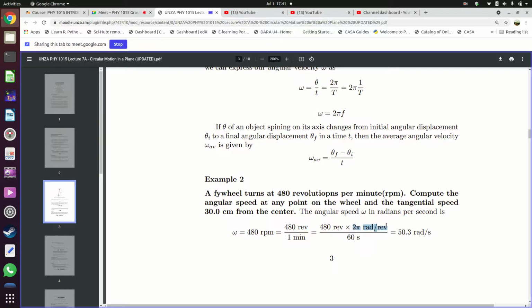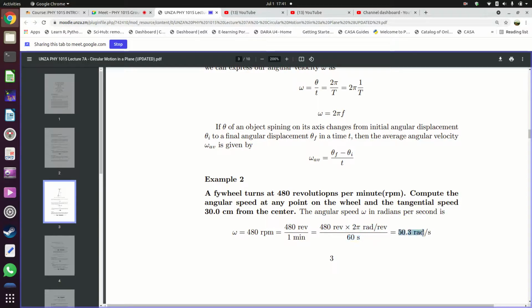Then you also have to remember that 1 minute is equal to 60 seconds, so you multiply by a minute and divide by a second. So you end up with 480 revolutions times 2 pi radians per revolution divided by 60 seconds, and you're going to end up with 50.3 radians per second.